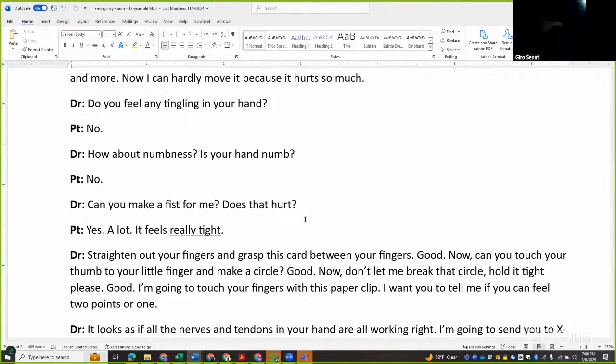Good. Now, can you touch your thumb to your little finger and make a circle?